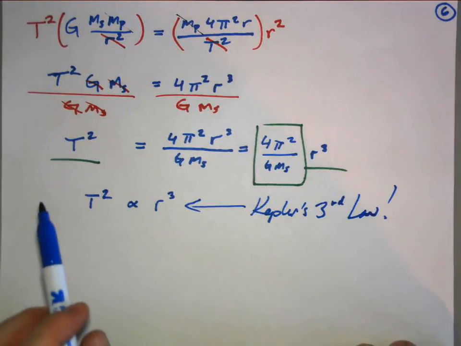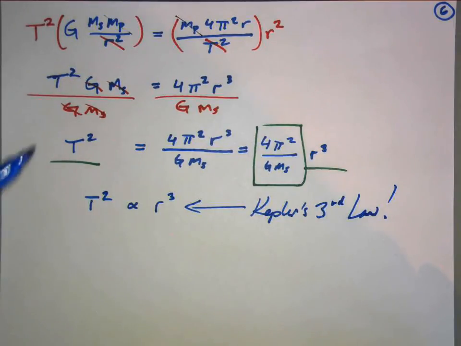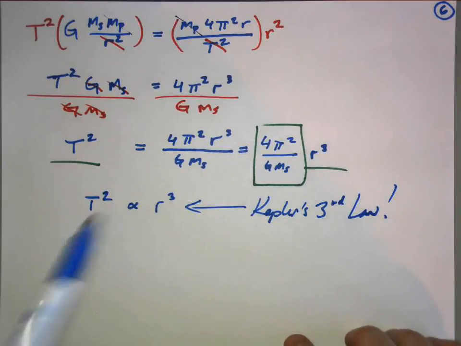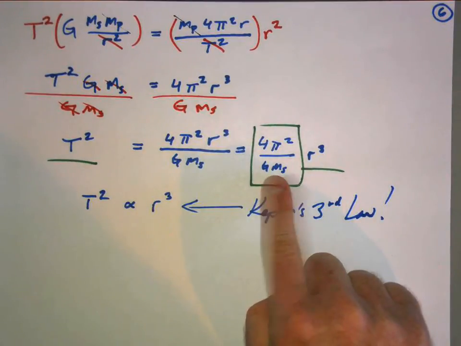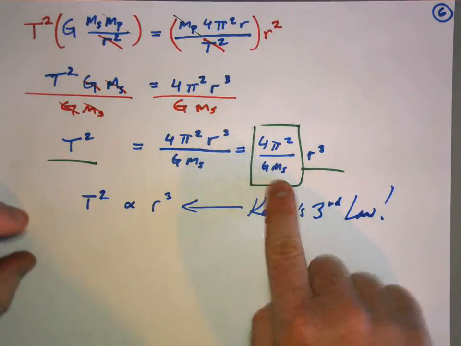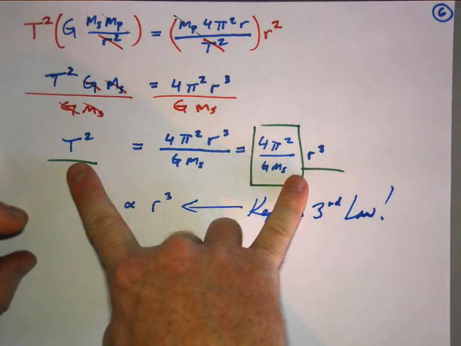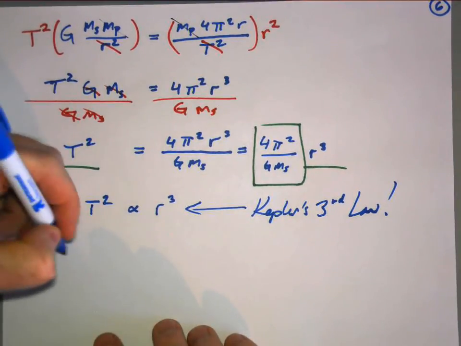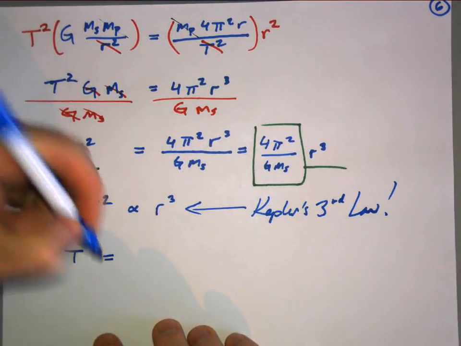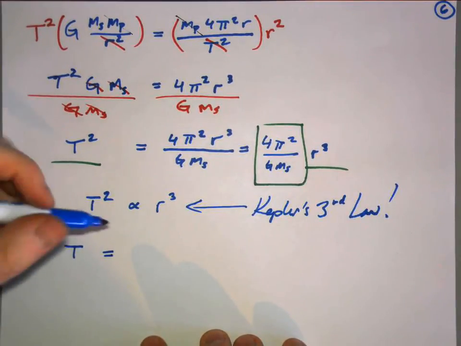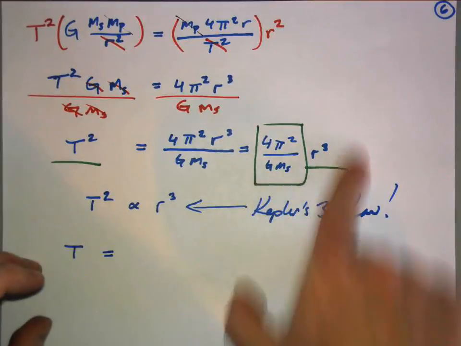So using Newton's law of gravitation, we can see more clearly how Kepler's third law works. We now know what goes here in front of the r cubed. And really, it's not even left to look like this. If we take the square root of both sides, we get the period of orbit of any planet or satellite is equal to the square root of this whole thing.